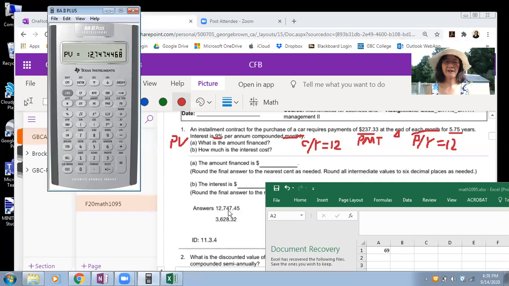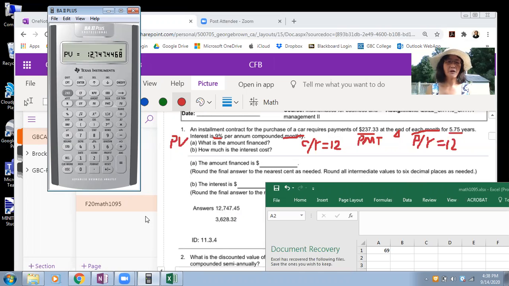It is the same as the answer I gave you here. So this is how you use a calculator to calculate present value for an ordinary simple annuity. Next, I'm going to do the same question, but use the formula in Excel.